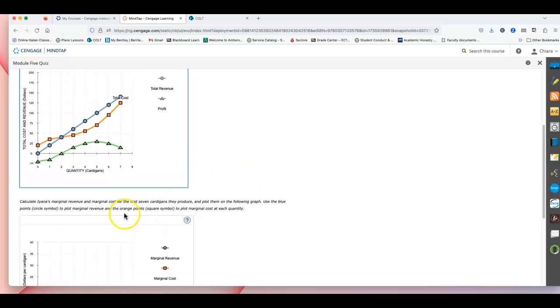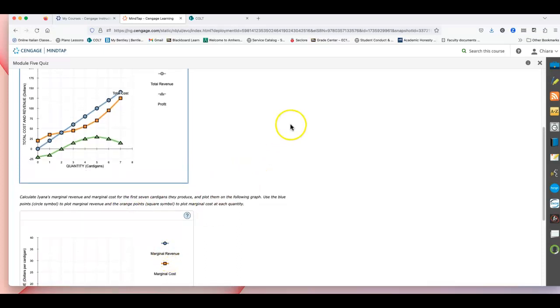So we know, let's do marginal revenue first because it's the round dots. We know marginal revenue is the change in revenue divided by the change in quantity. In this specific example, the change in quantity is always 1 because it goes from 0 to 1, 1 to 2, 2 to 3. So it's fairly intuitive, right?